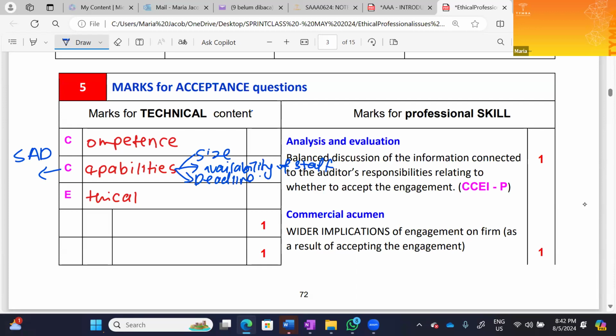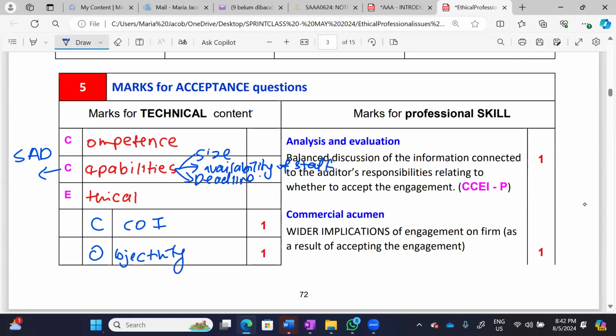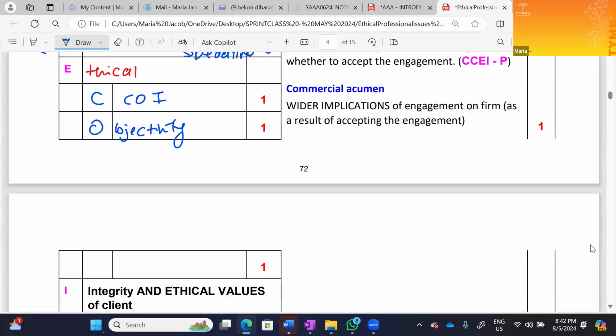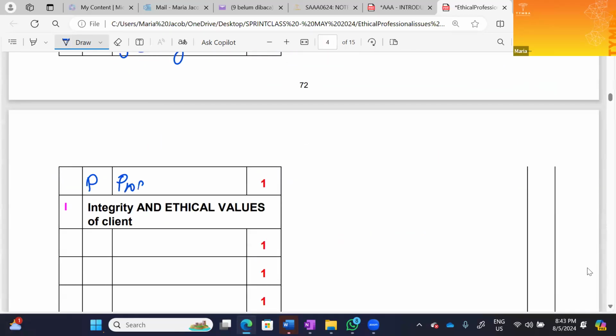Ethical factors: you might want to look into, is there any conflict of interest if I take this job? Is there any issue to my objectivity, any threat? Is there any professional clearance that I need to obtain?